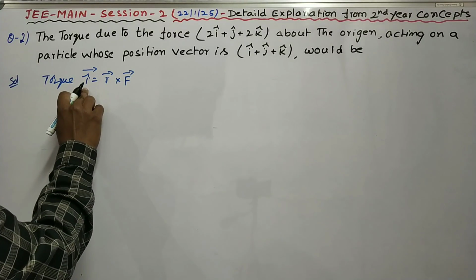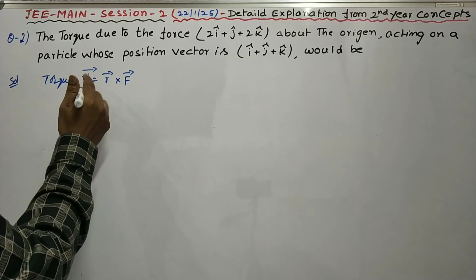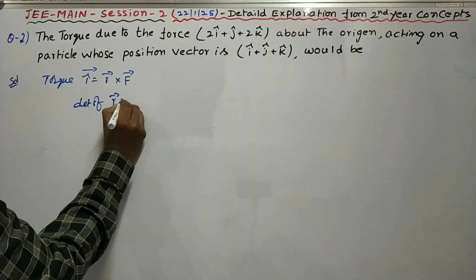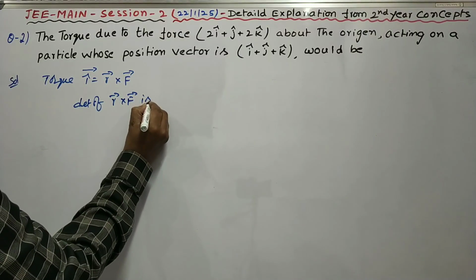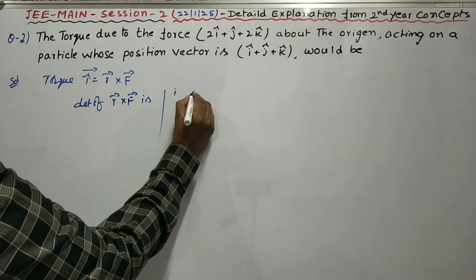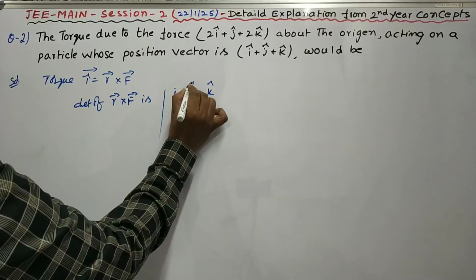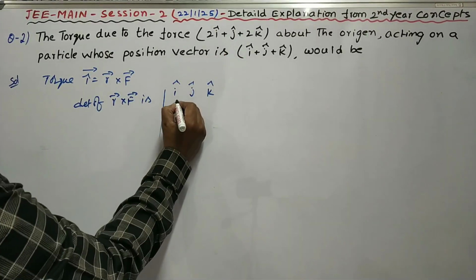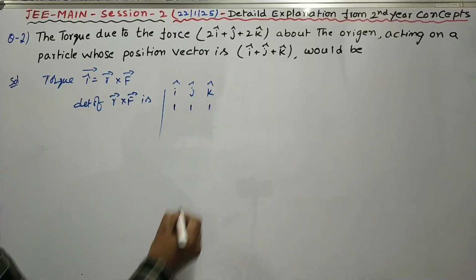So how can we do the cross product? You know very well. The determinant of R bar cross F bar is I cap, J cap, K cap. The position vector's components are 1 1 1.